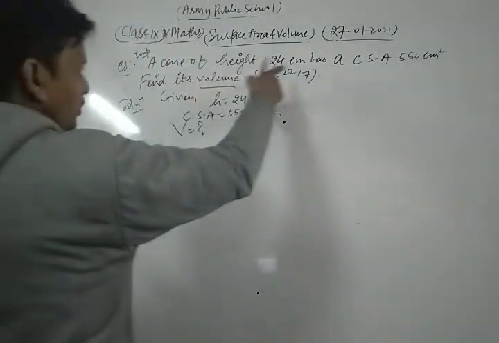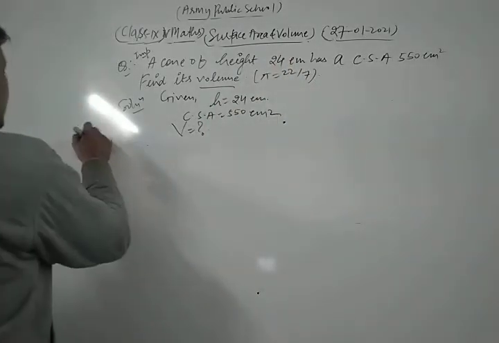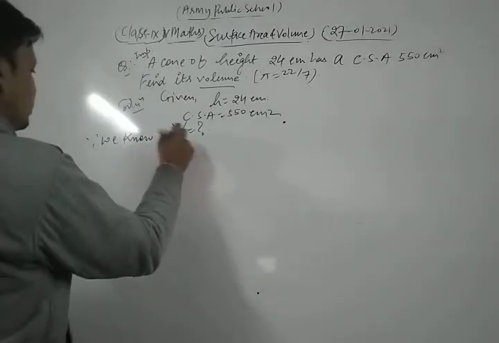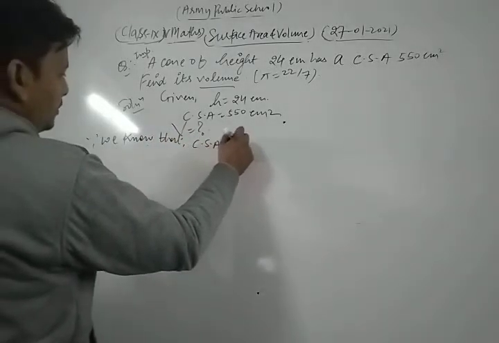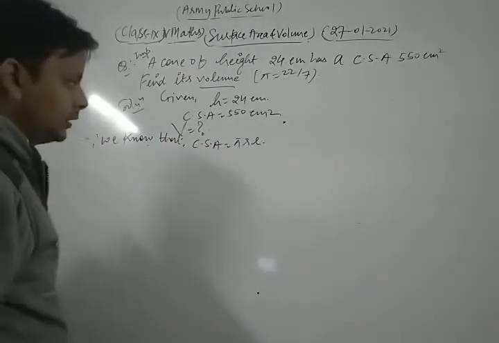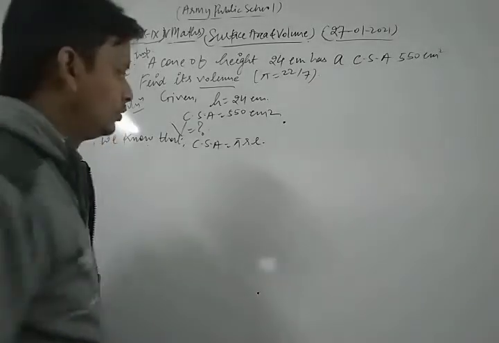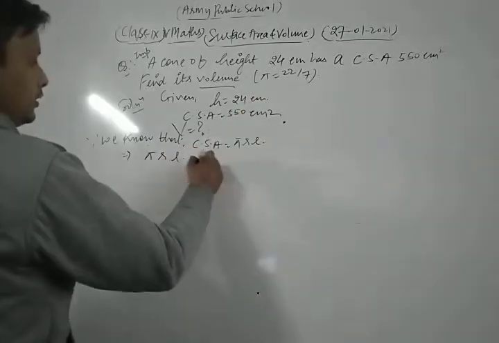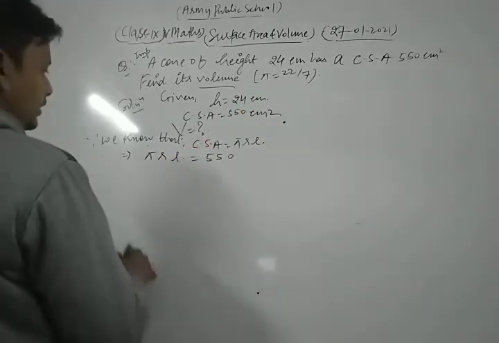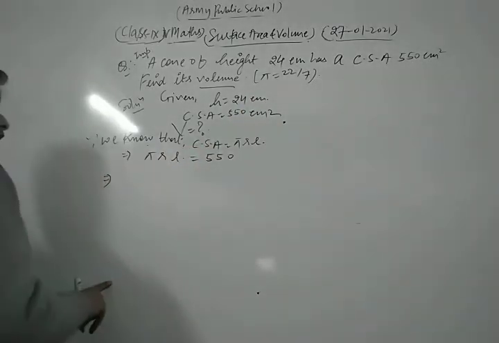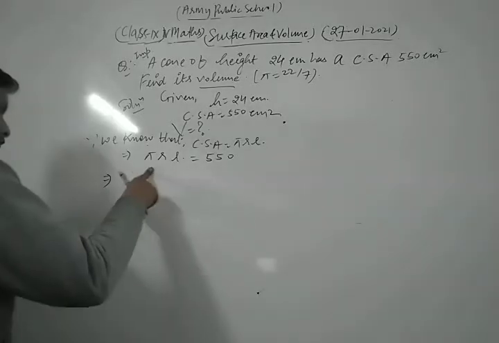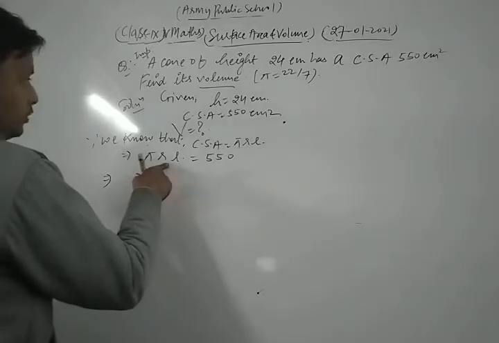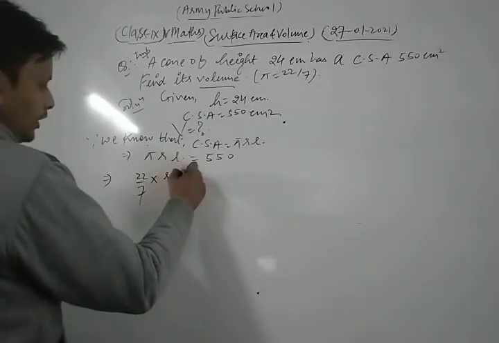Now here curved surface area is given. Since we know that curved surface area of cone is pi r l, so pi r into l is equal to 550. Now the value of pi we put as 22 upon 7 into the value of r as it is, and the value of l.